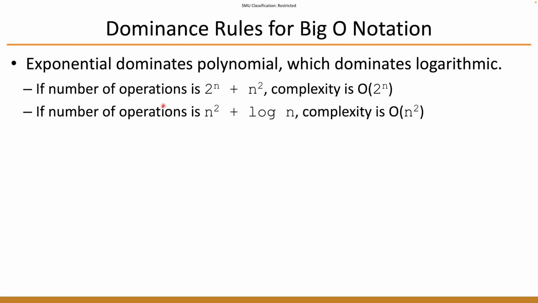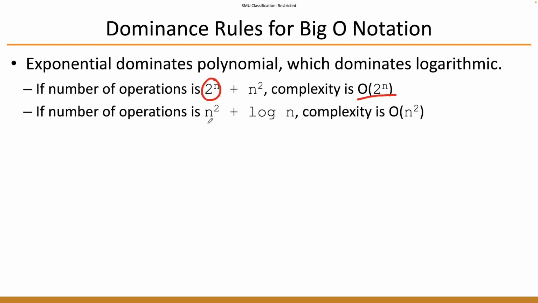Your number of operations, in this case, contains both an exponential class and a polynomial class. One term is growing very fast. We know that when n increases by 1, you are doubling the operations. On the other hand, n squared is growing much, much slower, right? So in this case, because 2 to the power of n is dominating, we say that the complexity will only be big O 2 to the power of n, exponential.